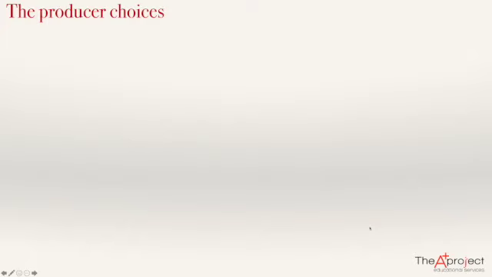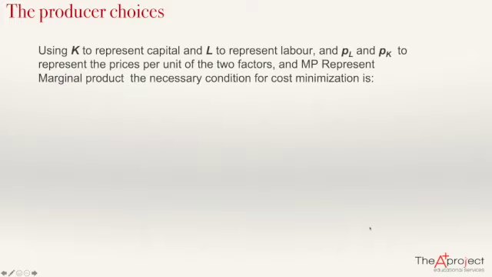So if we are thinking just in two factors of production that they need to buy, let's say labor and capital. Then using K to represent capital and L to represent labor, and PL to represent the price of the labor, PK to represent the price of the capital, and MP to represent the marginal product, the necessary condition for cost minimization is similar to the condition for the consumers.